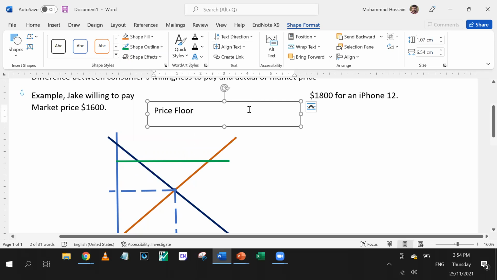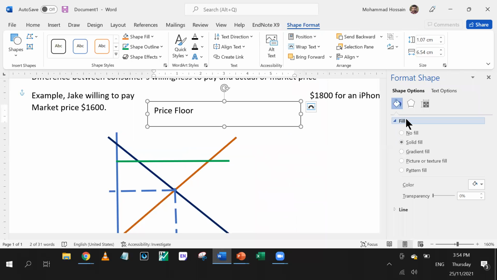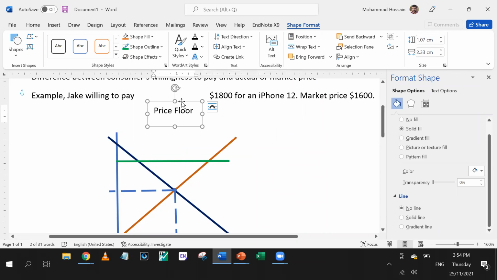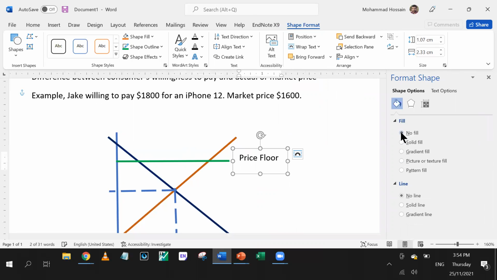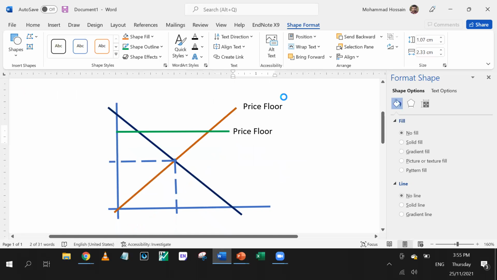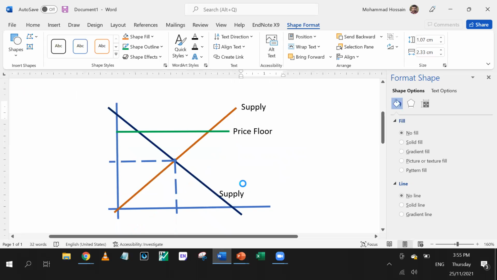This is our price floor, you can see. This is our supply curve, and this is our demand curve in here.